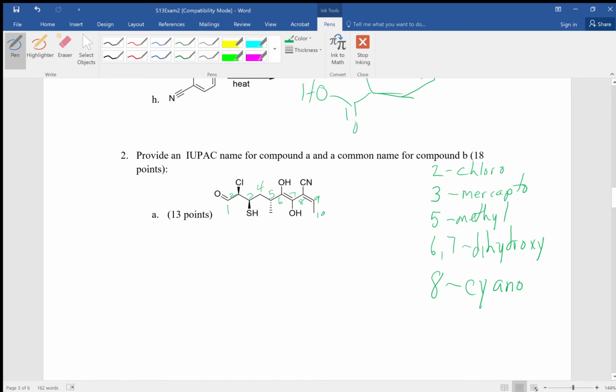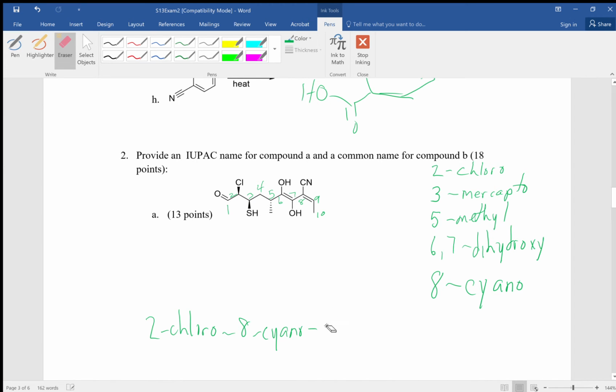So now we need to alphabetize these. You got 2-chloro, 8-cyano, 3-mercapto. Oops, sorry about that.